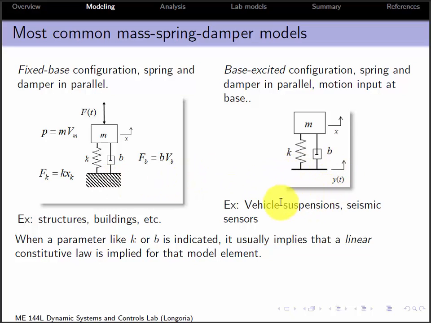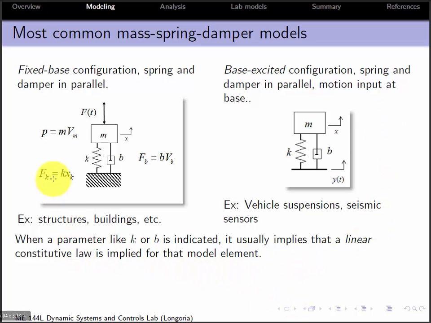This is a model that you might use for, say, modeling a vehicle suspension. The base here, you would have a model of that moving over the ground. Also, this is a model for most seismic sensors, of which an accelerometer is one class, whether they're made for measuring velocity or acceleration, which is the case for accelerometers.